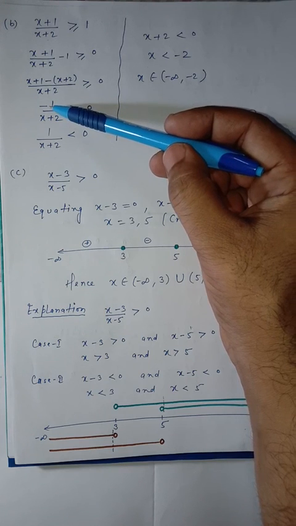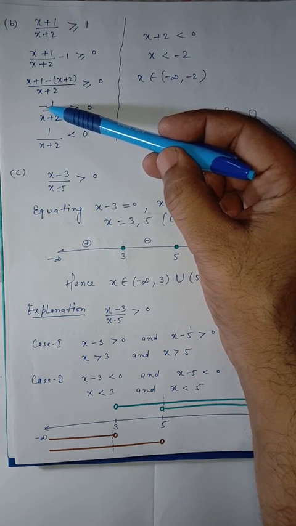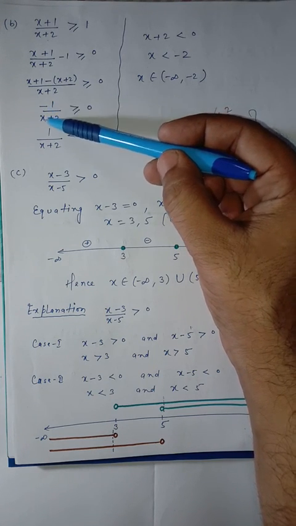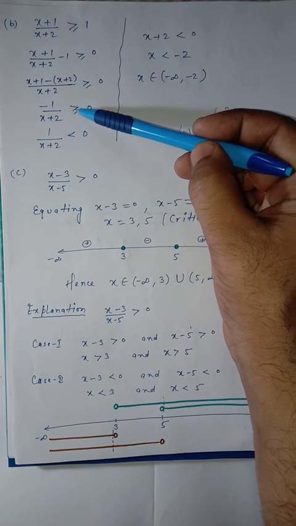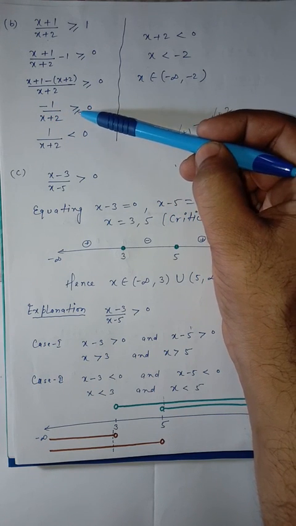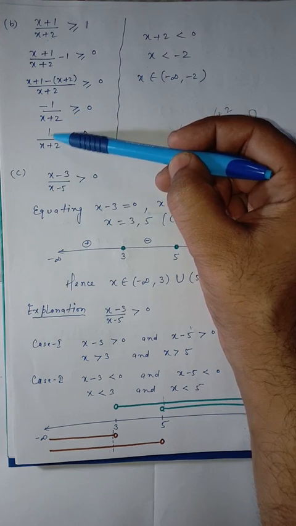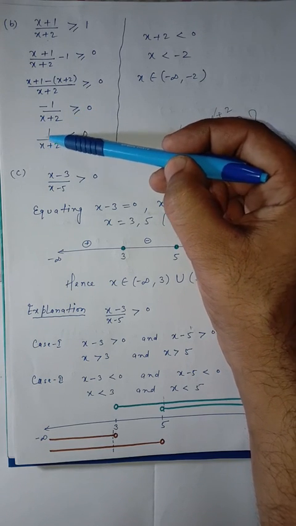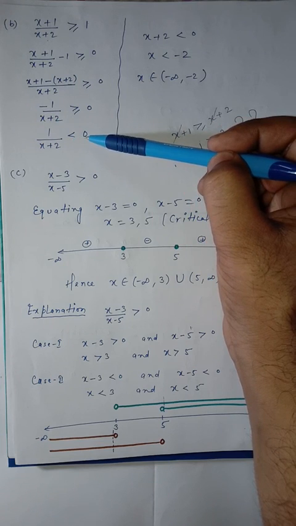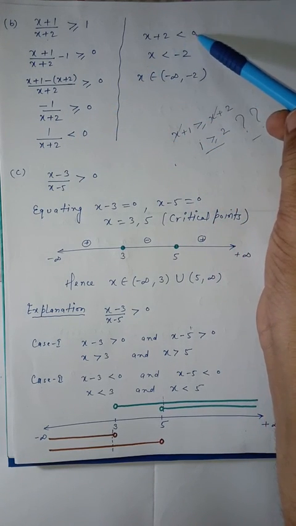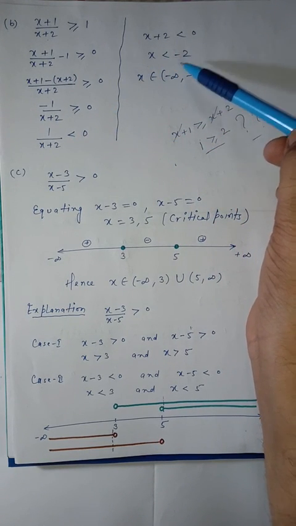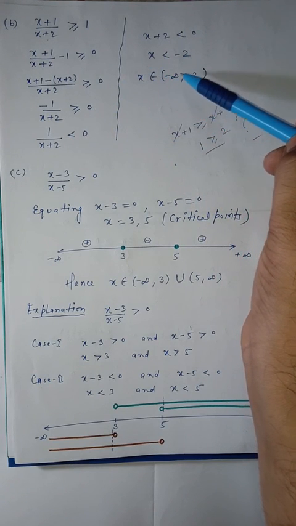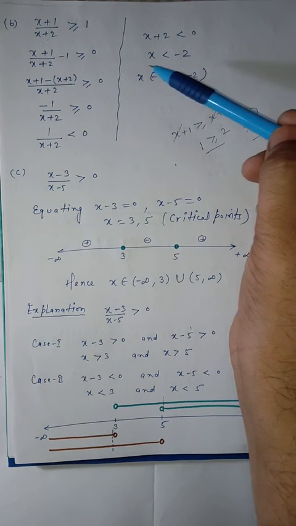So do one thing: multiply by minus, so it becomes 1 upon x + 2 less than or equal to 0. But since it can never be 0, we will say 1 upon x + 2 is less than 0, not equal to 0. So when 1 upon x + 2 is less than 0, it means x + 2 is less than 0, or x is less than -2.